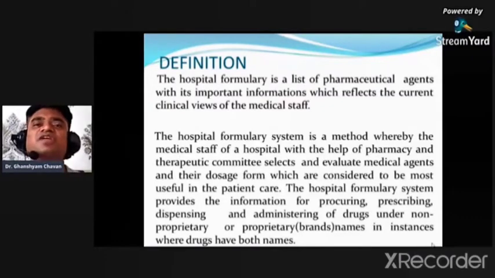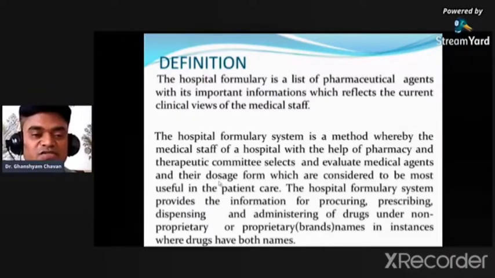So this formulary can be prepared with the help of the pharmacy and therapeutic committee, which selects the various drugs. They identify which drugs are useful, which drugs are best for taking into the list of the hospital formulary. So they will evaluate all the medical agents and dosage forms.